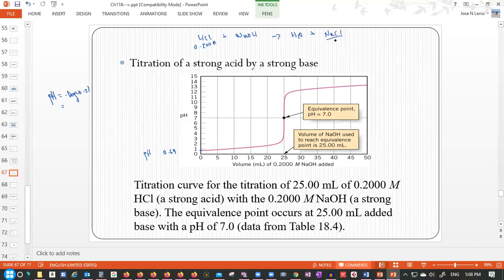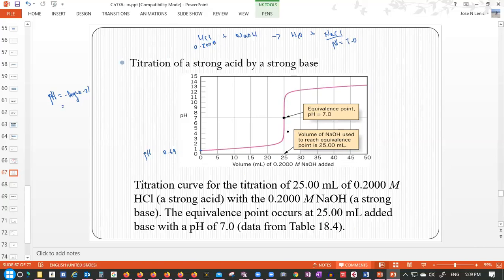Because sodium chloride is being formed, and this is a neutral salt, it will not change the pH of the water, and the pH of this neutral salt in water is 7. Only when you are using these two, strong acids and bases.